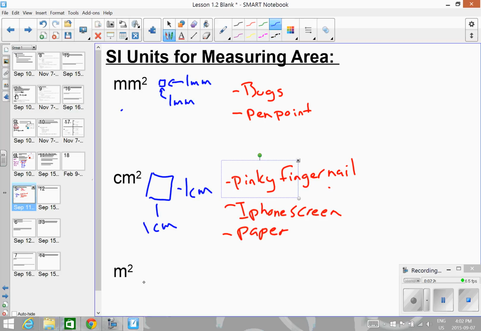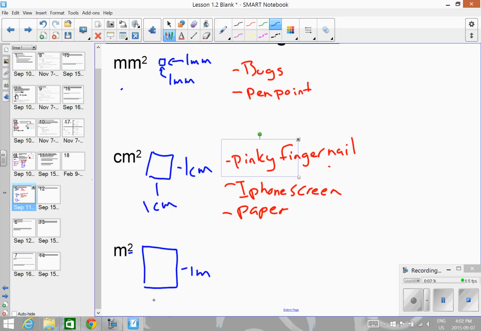And the last one we're going to talk about right now is a meter squared. And this is a much bigger square. I can't even draw it. It's a little bit smaller than the smartboard. So it is a square that has a length of 1 meter and a width of 1 meter. All right, and we use these for measuring big things.